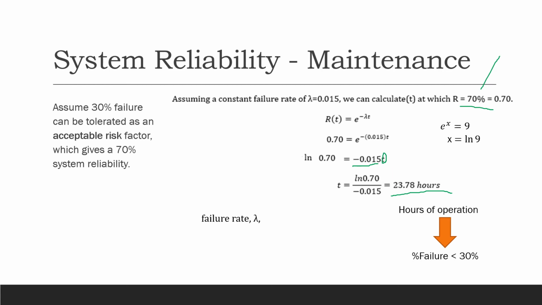That's 23.78 hours, going with 70% reliability. So your failure is less than 30%. Okay, I'm going to erase that. I want you to study this because you will have to do this in your midterm.